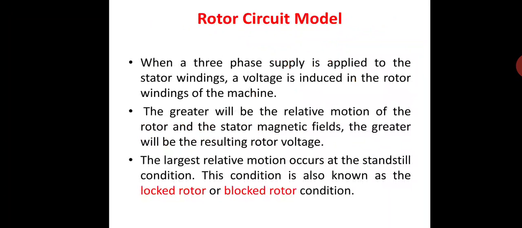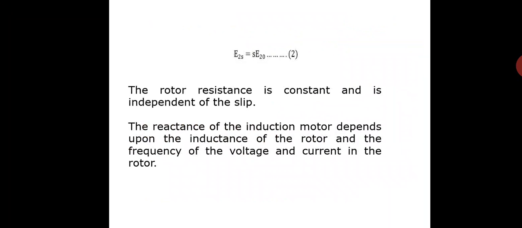At standstill the relative motion is highest. This condition is known as the locked rotor or blocked rotor condition. At the blocked rotor condition, the slip value is at its maximum, equal to 1.